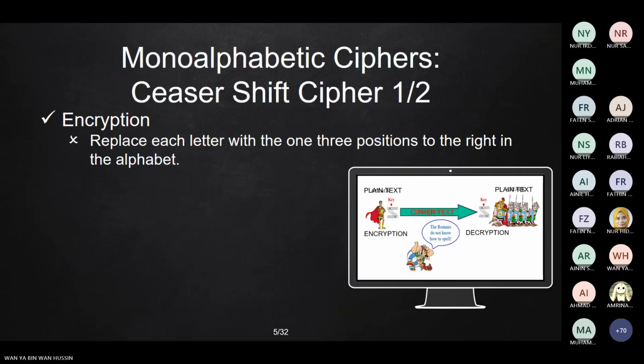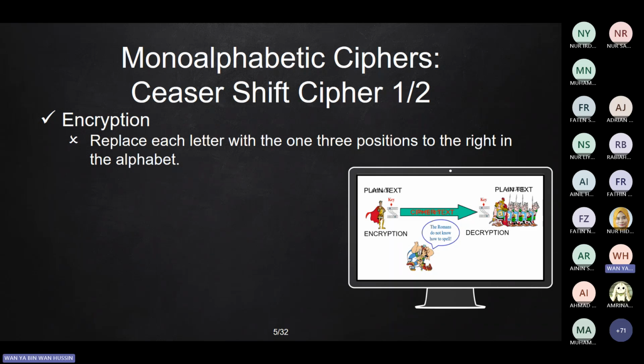The encryption in Caesar shift cipher, we move 3 positions forward. A will be replaced with D, B will be replaced with E, and so forth. And that's what we call Caesar shift cipher. When I say Caesar shift cipher, the key will always be 3.